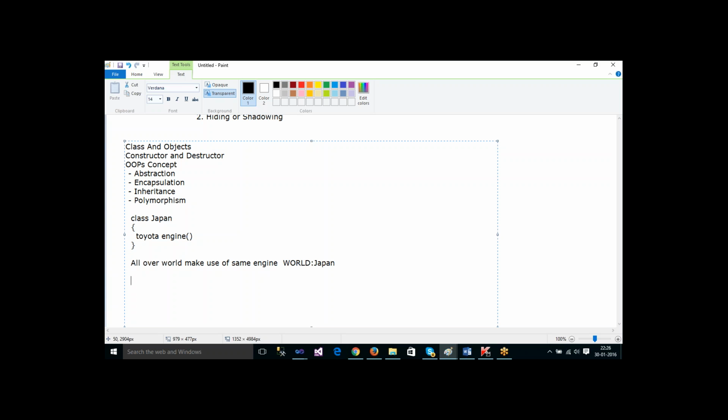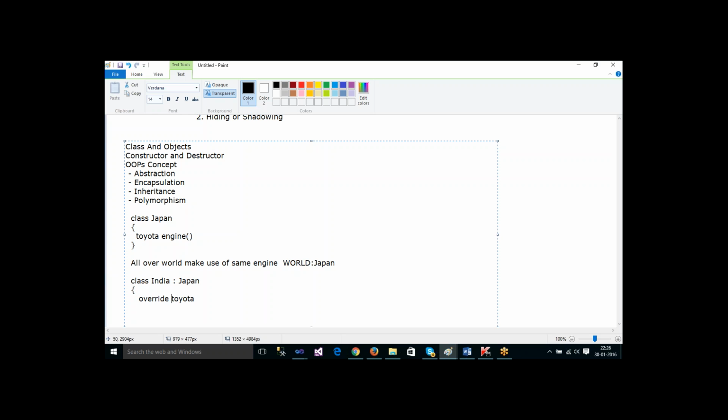Now think in India, the R&D department is there in Bangalore, right? They developed their own engine. Now see here, class India, they inherited Japan. There is no doubt about that before. Now they are going to override Toyota.